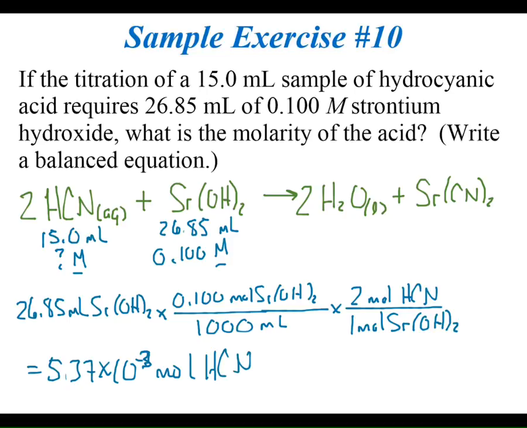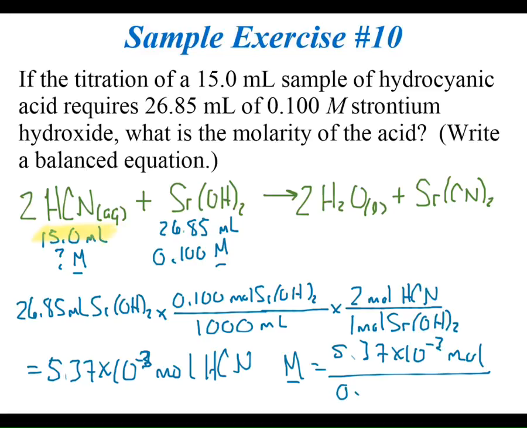What's the molarity? Take those moles divided by the volume. So 5.37 times 10 negative third moles over my volume, which was 15 milliliters. So if I turn that into liters, it's going to be 0.0150 liters.